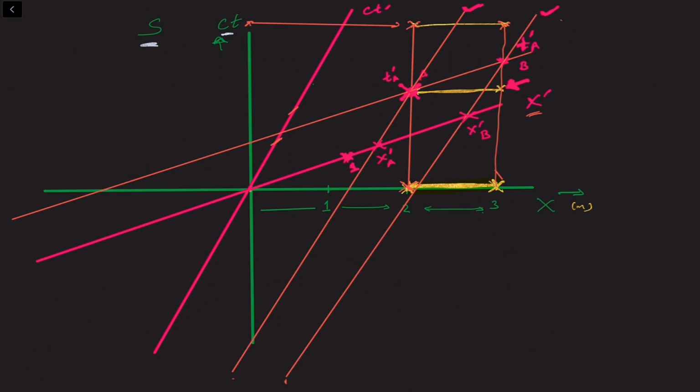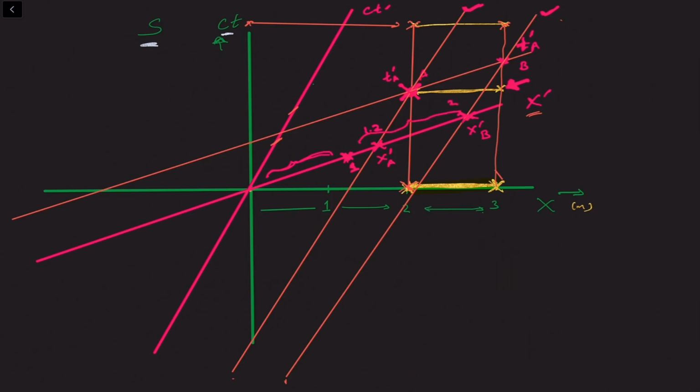And the thing to remember is that a unit length along the x prime axis is this amount. So now if we use this to identify x prime A and x prime B, we would say something like x prime A, let's say, is 1.2 units, and x prime B is, let's say, 2 units.